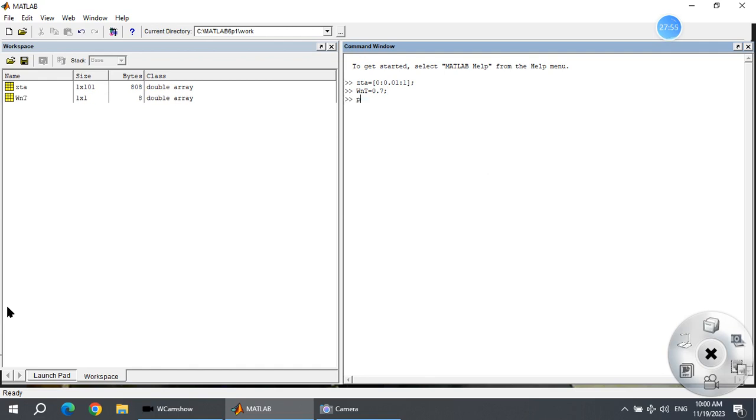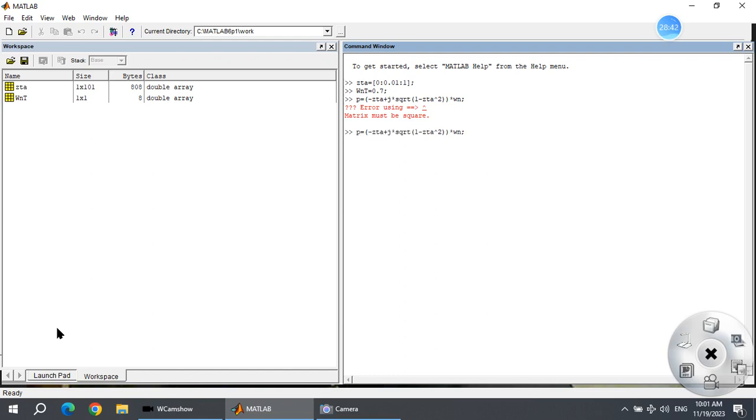Then P will be equal to negative zeta plus j times the square root of 1 minus zeta squared, and then the whole thing times omega. Okay, this is P. Let me see.